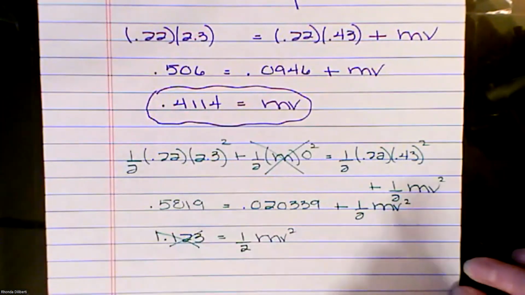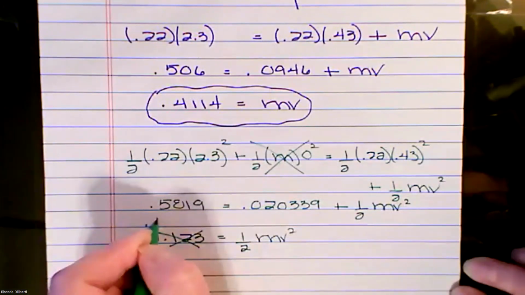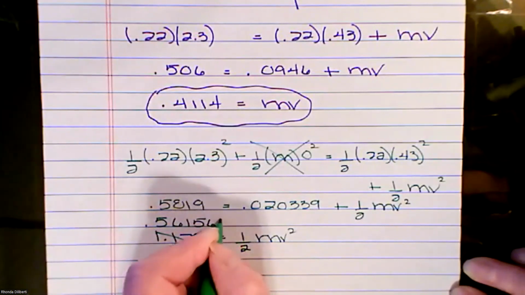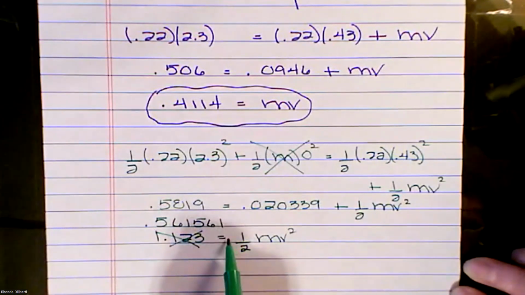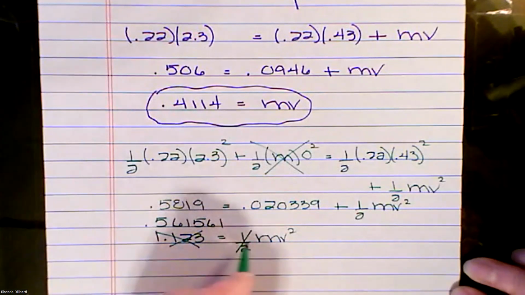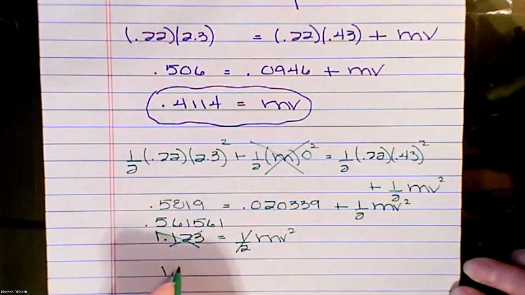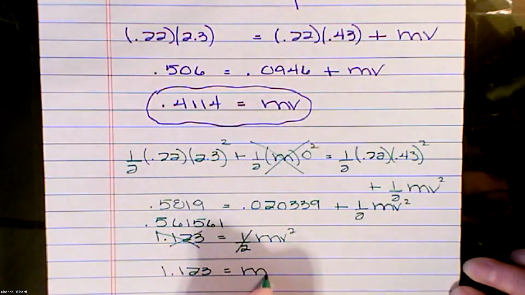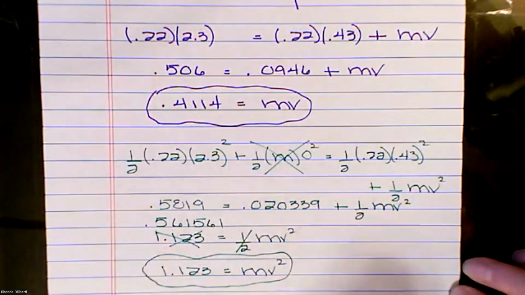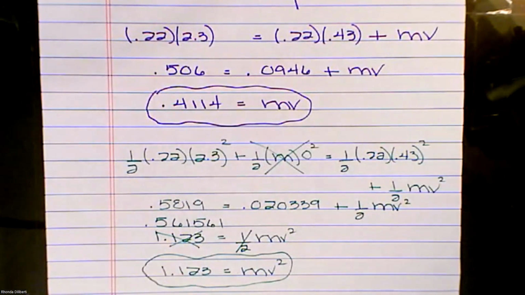So when I subtract that from both sides, I get 0.561561 equals 1/2 mv squared. Now I'm going to multiply both sides by 2 because that'll get rid of the half. And that's where I get 1.123 equals mv squared. All right, I'm going to circle that. So that's a math fact.